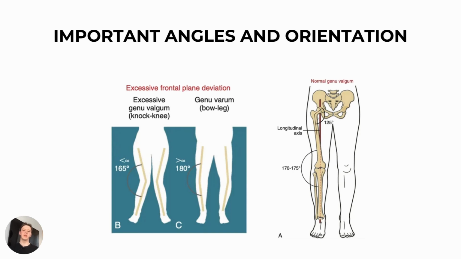Usually we see a lot of different adaptations, and if people present with such orientation, with excessive frontal plane deviation, there is nothing bad until we deal with severe joint dysfunctions and overloads. This is all about the angles that we need to know on the knee joint.